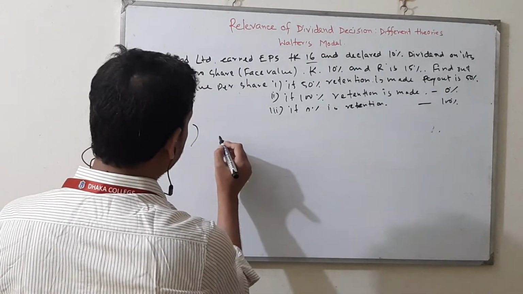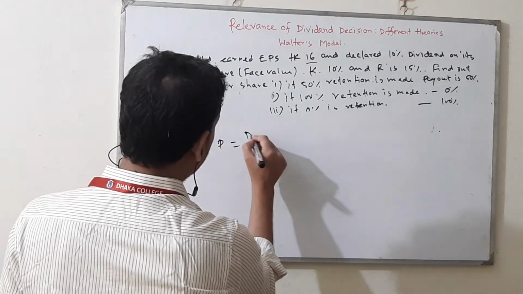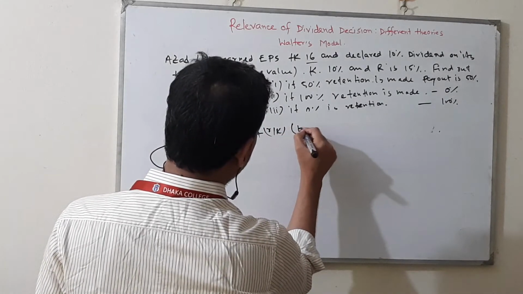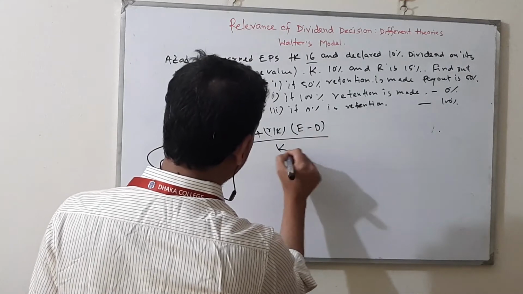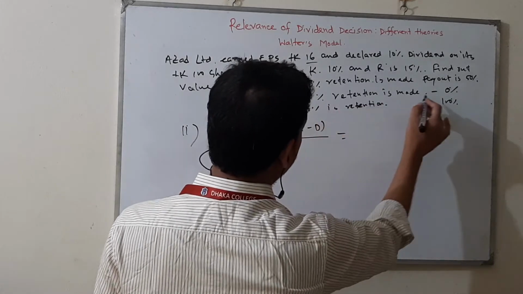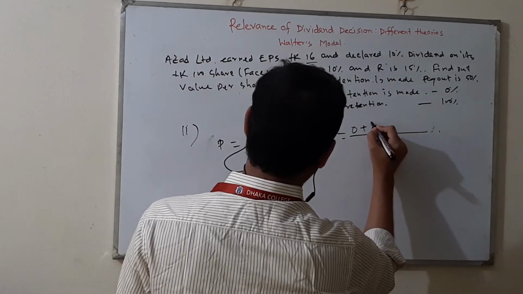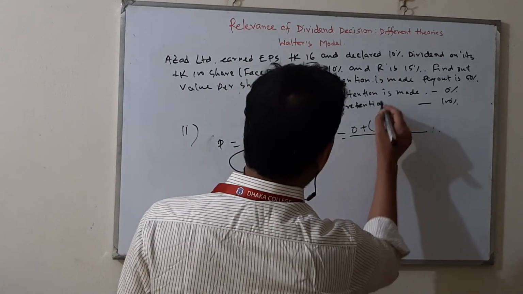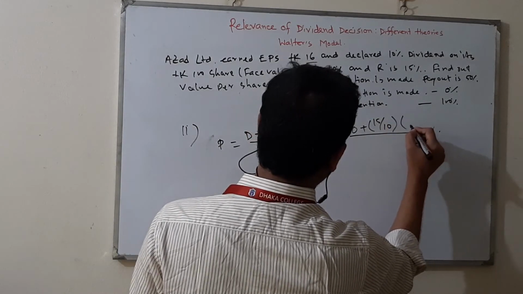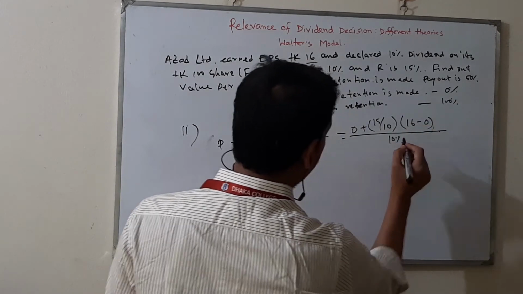Say P equals DPS plus R by K into E minus D divided by K. So here, 100% retention is made, so DPS is 0 plus R by K, that is 15 by 10, into 16 minus 0, divided by 10%.